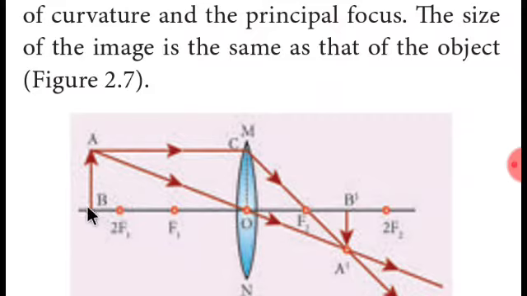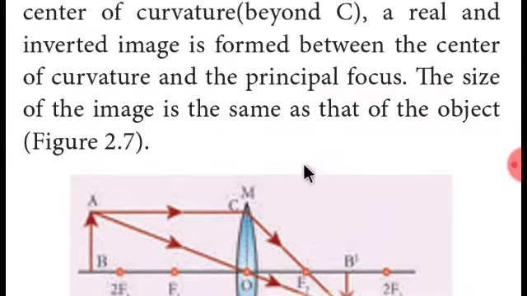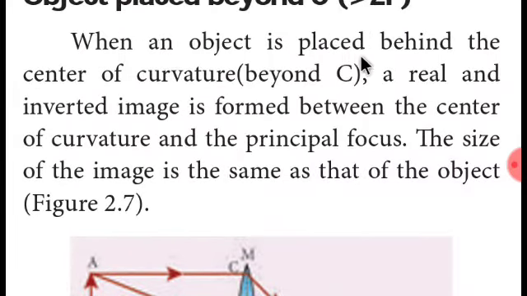The object is placed behind C, and you can expect the image to be between focus and center of curvature in the opposite direction. When an object is placed beyond the center of curvature, a real and inverted image is formed between the center of curvature and the principal focus on the other side of the lens.